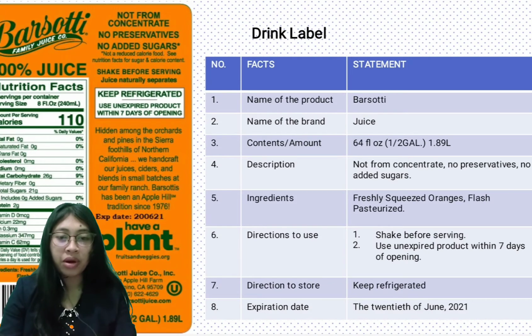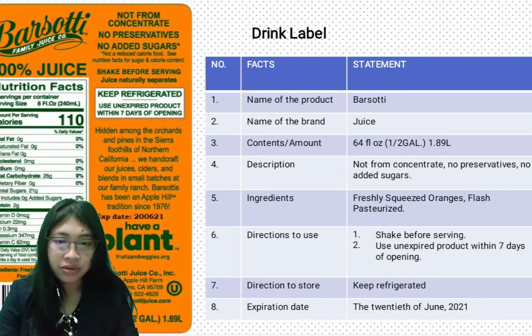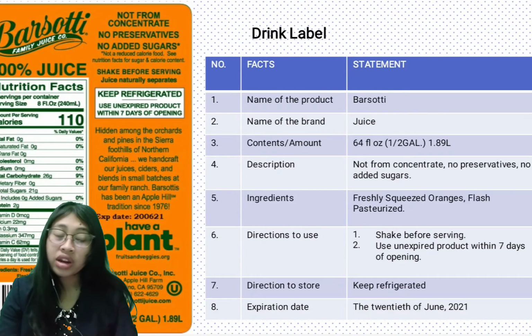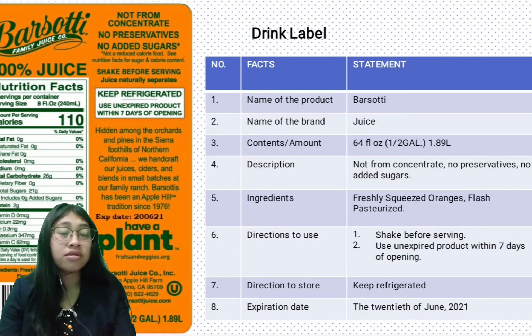How about the content or amount? Yes, the content amount is already stated in the drink label, and the description is not from concentrate and no preservatives, no added sugar. So you can drink it without adding anything.